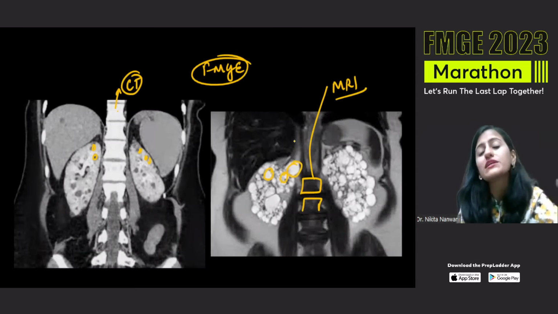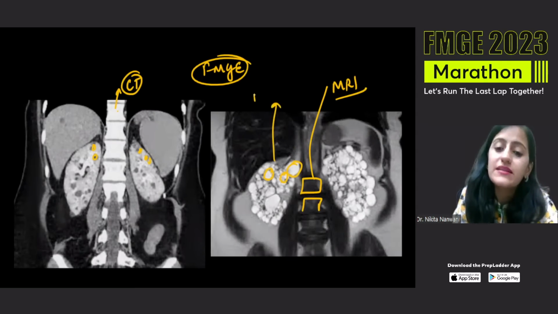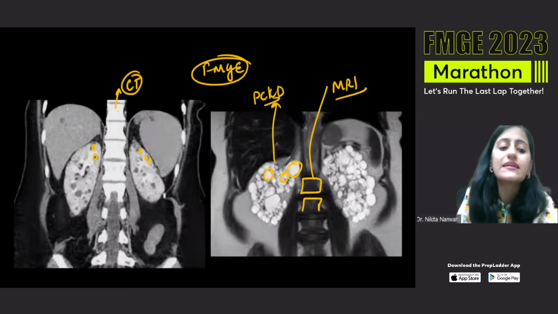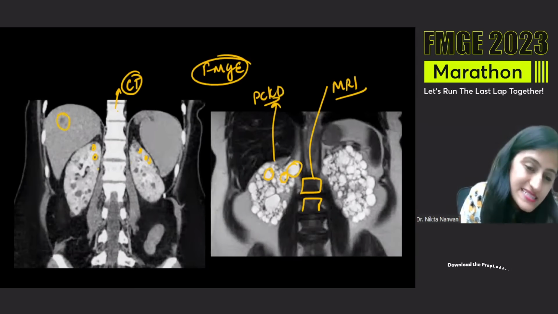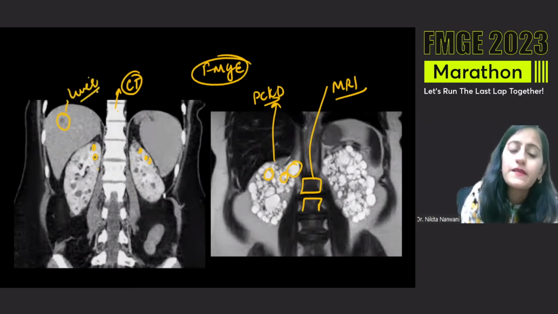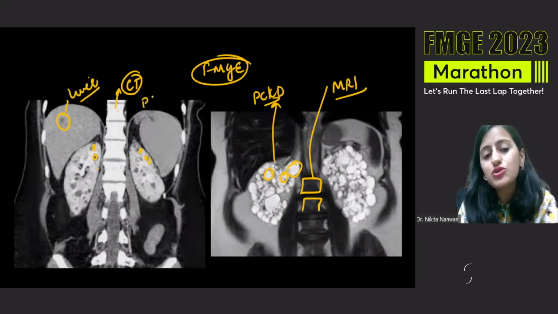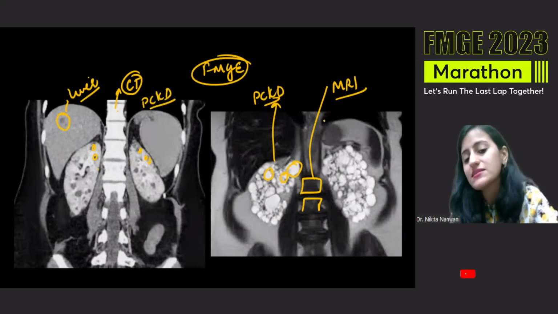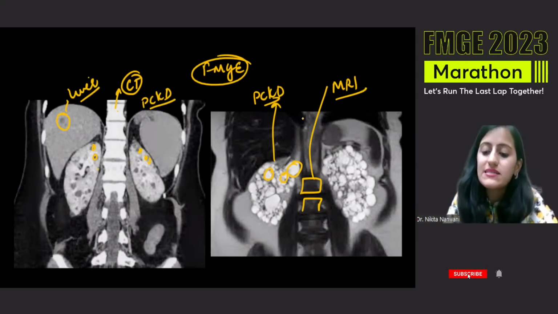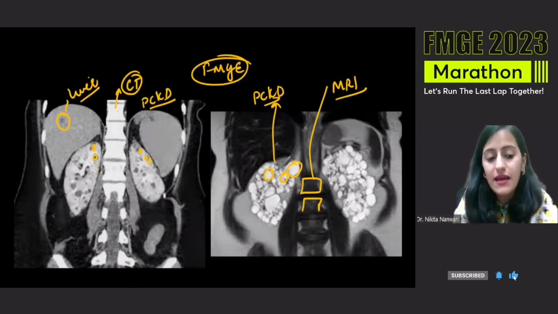That means water white, T2 wala. This is bilateral kidneys, polycystic kidney disease. You can see a cyst in the liver also, right? So this is CT showing polycystic kidney disease. This is MRI showing polycystic kidney disease. Okay. So remember the differentiation between CT and MRI.